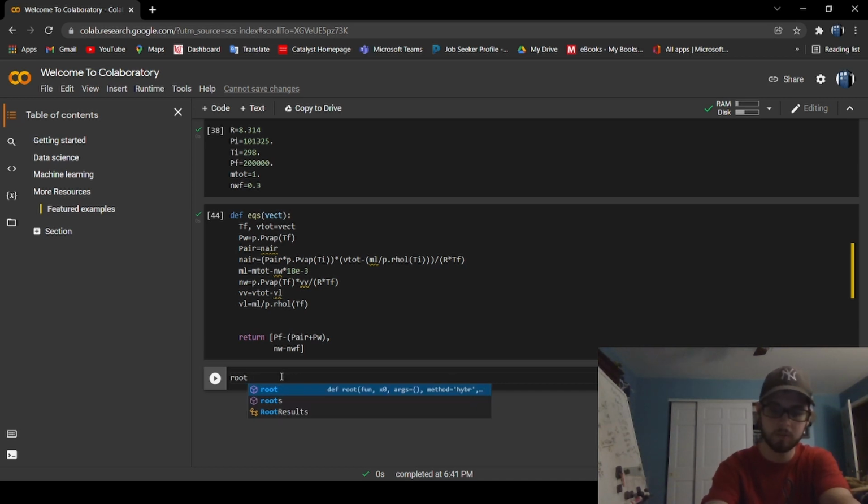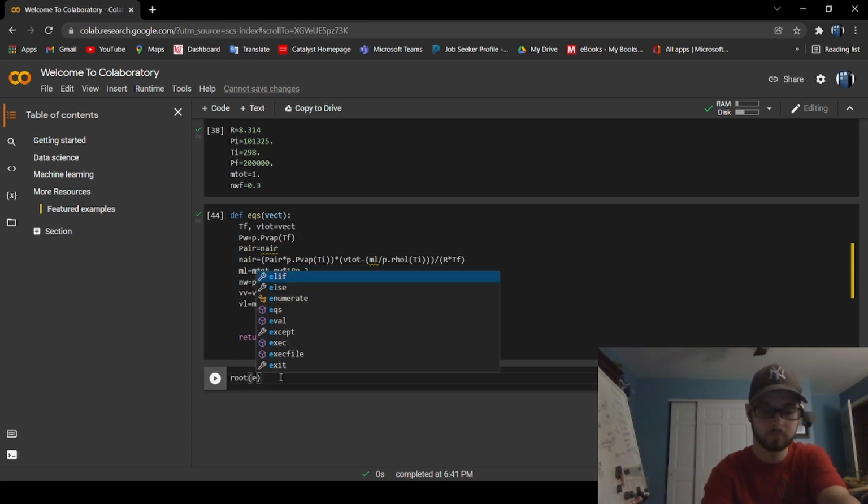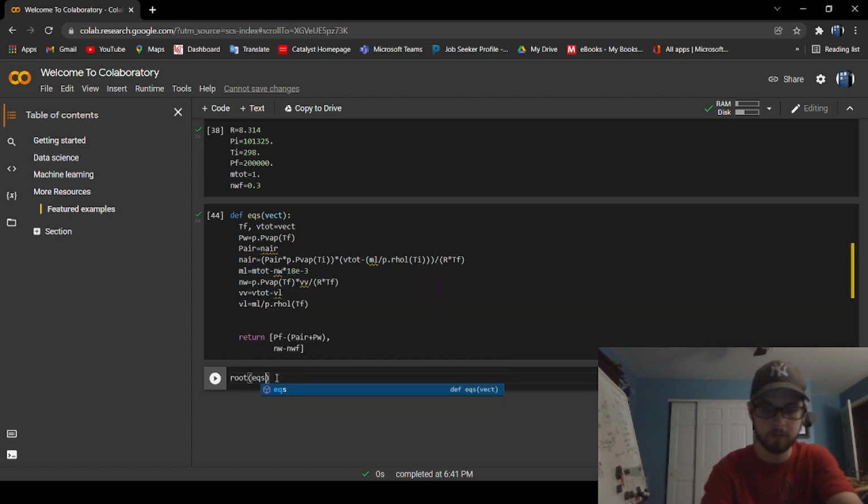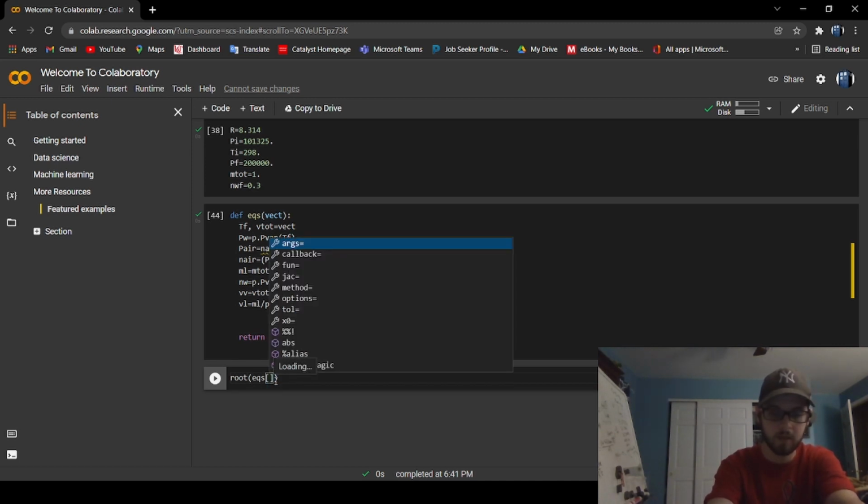And now it's time to guess. It's the root of this equation. Why am I struggling to find Q? Root of equations. And then let's make a guess and say it's going to be 402 liters.